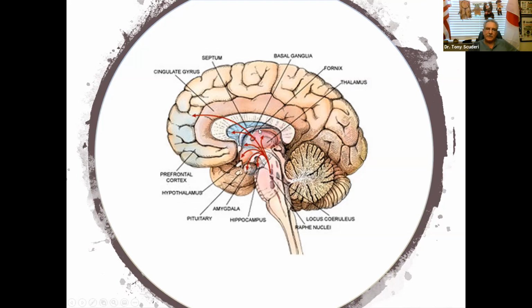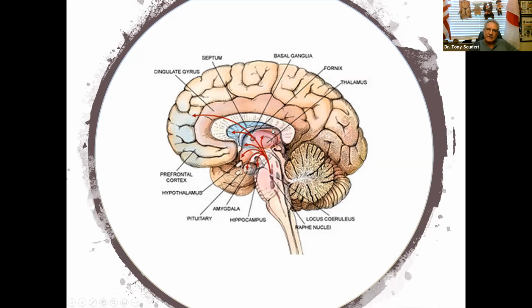Underneath the septum, we see this little area here that looks like a nut, peanut, walnut, almond, whatever you want to call it. This is the area where the almond shaped thing is. This is called the basal ganglia.